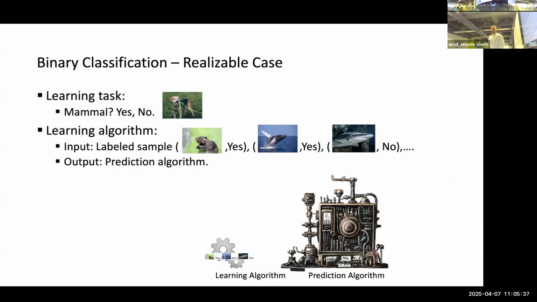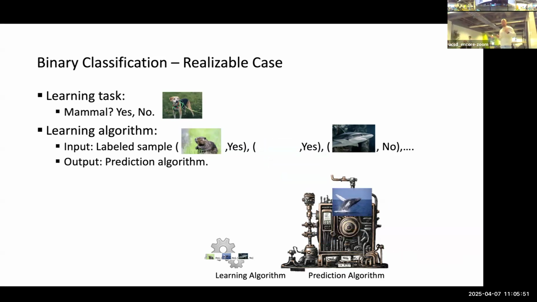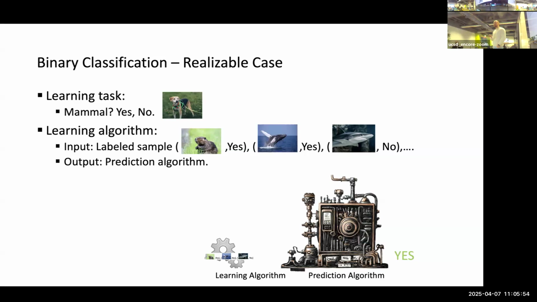I'll be a little bit more formal on the next slide. So it produces this prediction algorithm, and then this prediction algorithm can be used to make new predictions on data afterwards. If we feed it one of these images, it might be able to correctly predict whether this is a mammal or not.